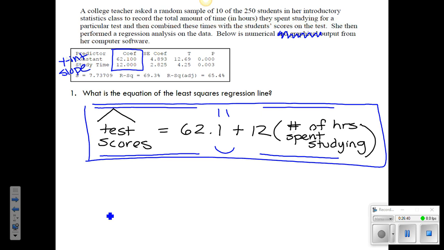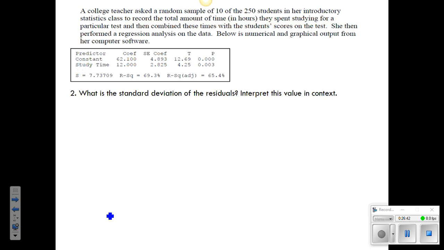Cool. Next. Standard deviation of the residuals. What is that? And can you interpret it in context? Can you find it? What is it? S. What's S? 7.737. Correct? What does this thing mean?